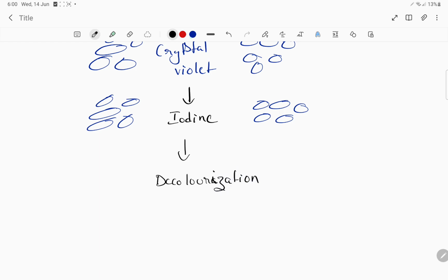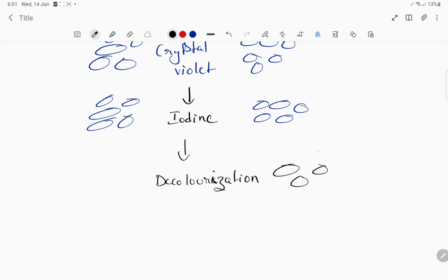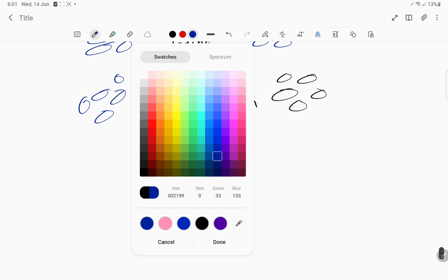Here this will come into normal color, but this will not lose the color, this will still be violet. And counter stain with safranin.